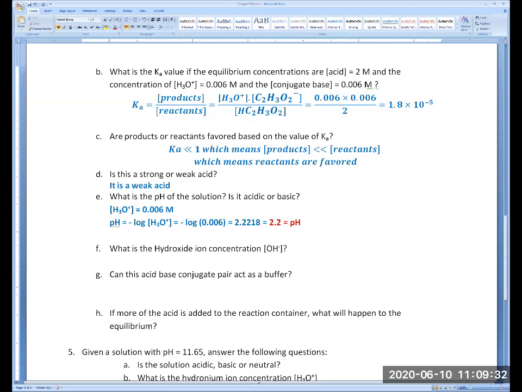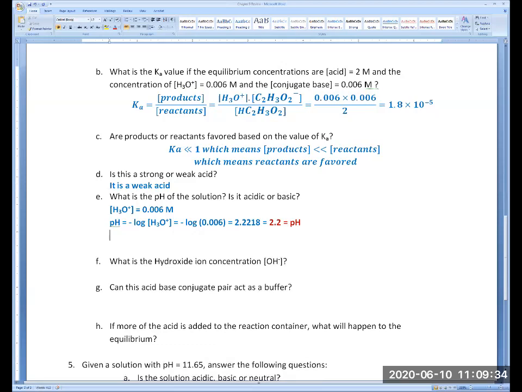Below 7 is acidic. So pH below 7 is acidic. And let's just say pH above 7 is basic. So here it's acidic.